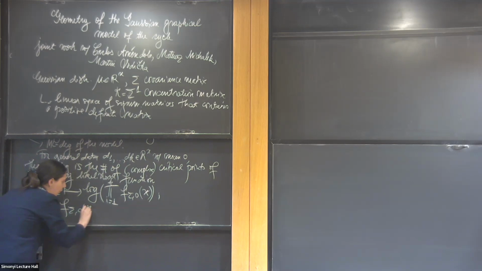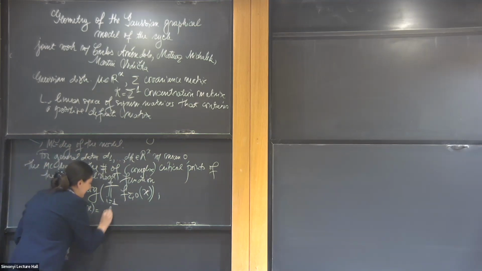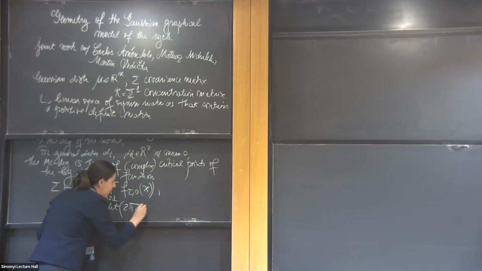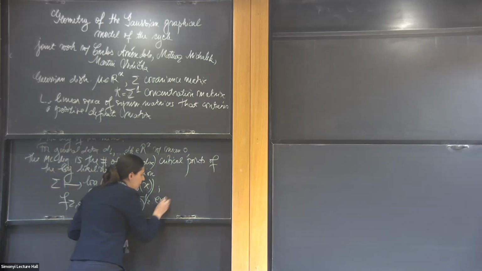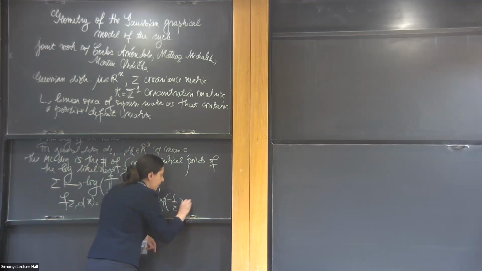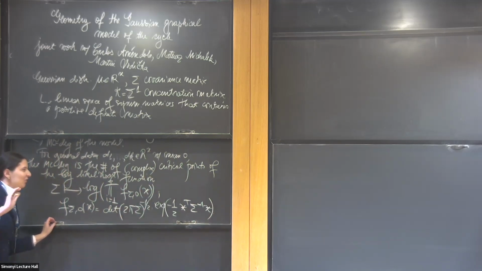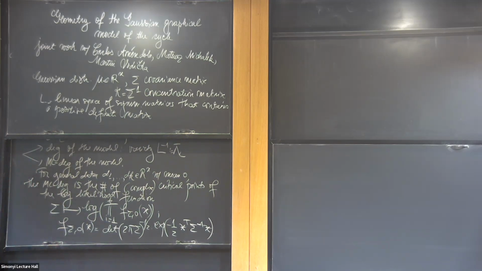F sigma 0 of x is determinant of 2 pi sigma to the power -1/2 times the exponential of -1/2 x transposed sigma inverse x. Okay, it will not be that relevant for us anyway, but here is the log likelihood function.